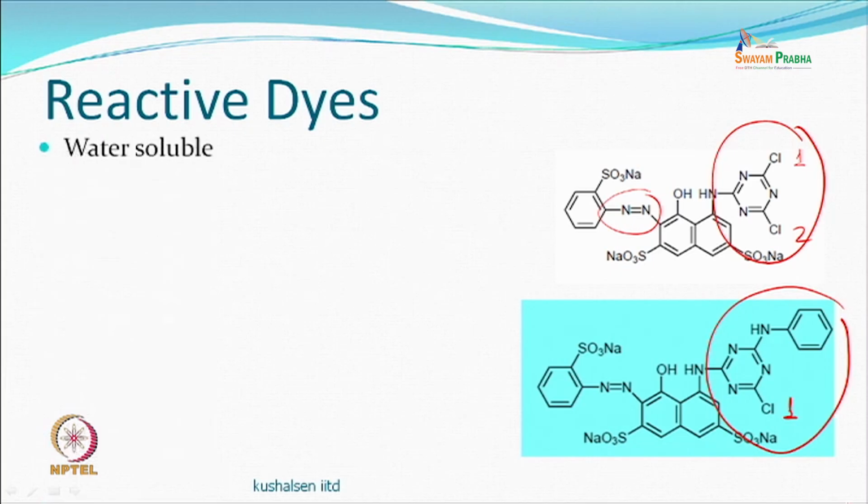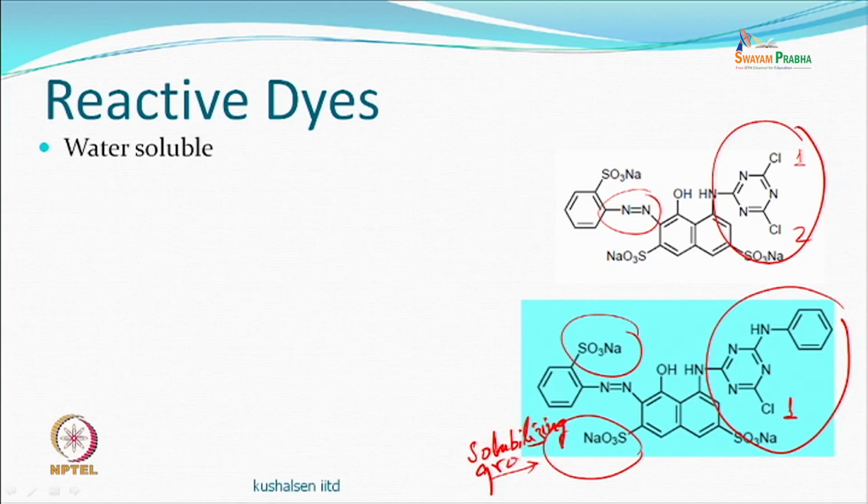All the dyes are water soluble, as we know, because of some groups like this. So this is the solubilizing group. And so they are water soluble, and so we will make paste in aqueous medium.